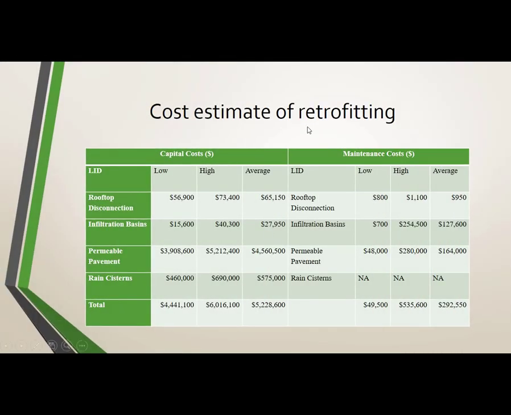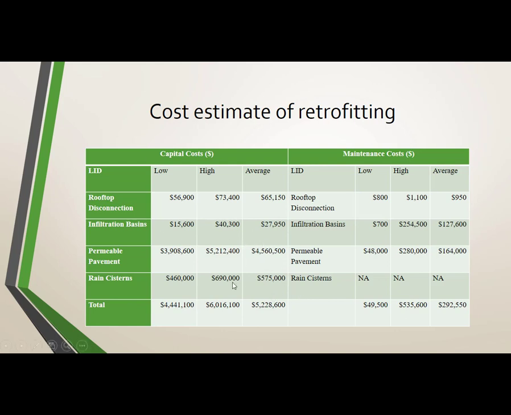The cost of the retrofitting was estimated by using the stormwater calculator for three of the LID controls. For rooftop disconnection, we got an average capital cost, which is the installation cost, of $65,000, and for infiltration basins, we got a higher cost of $27,000. For permeable pavements it's even higher because its use is in a higher amount, so it's around $4.5 million.